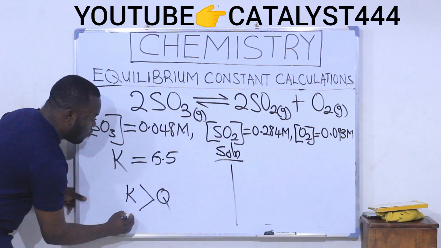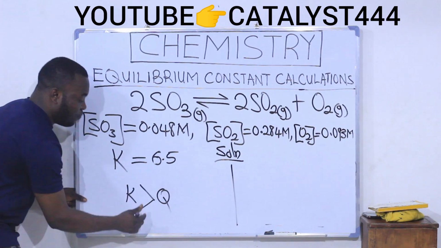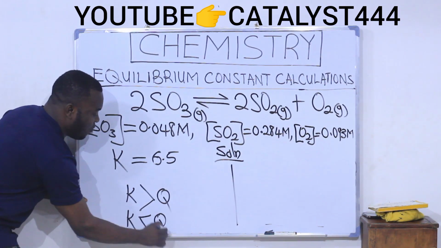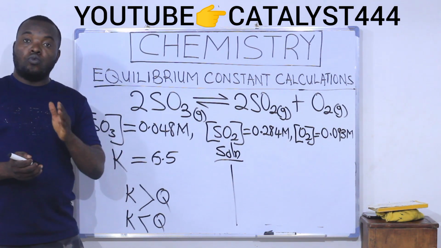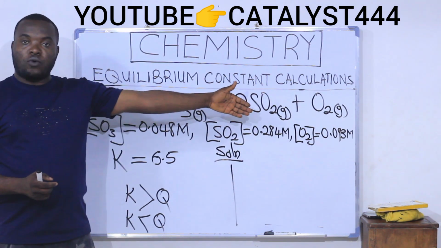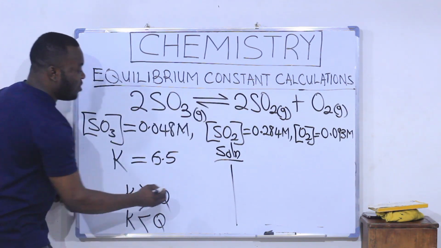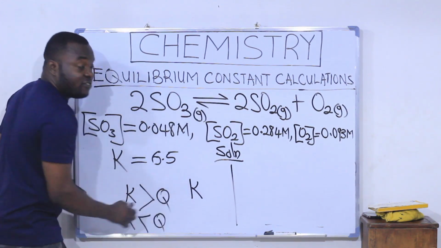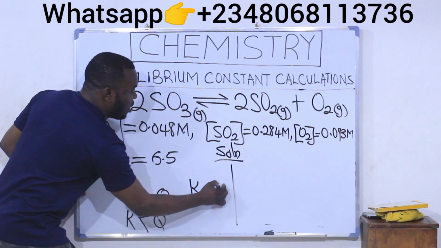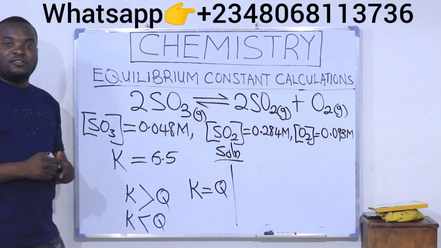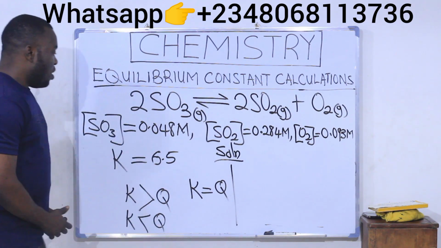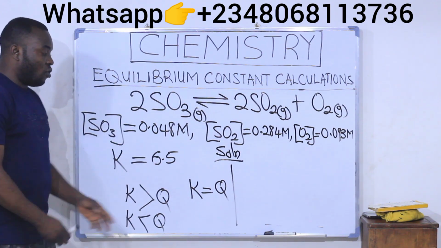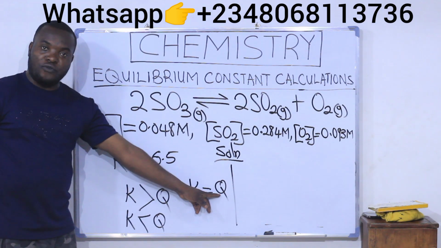But if the equilibrium constant given to you is less than the value of Q you found, it means that the equilibrium will shift to the left, which is the backward reaction. But if your equilibrium constant K is equal to the reaction quotient Q, it means that the reaction is in equilibrium state. So now that we have our K, let us proceed to finding our Q value.